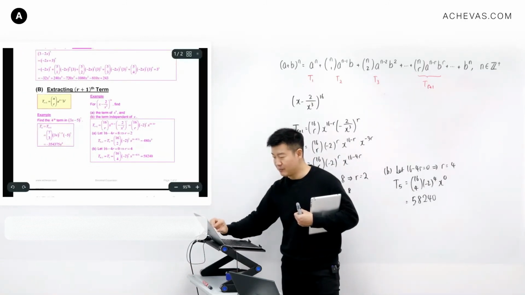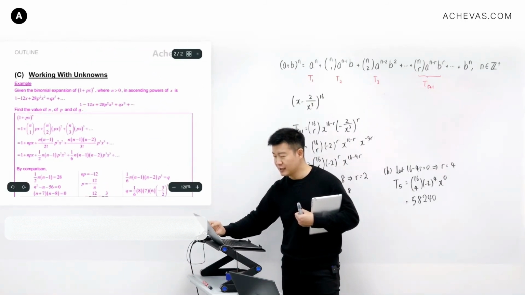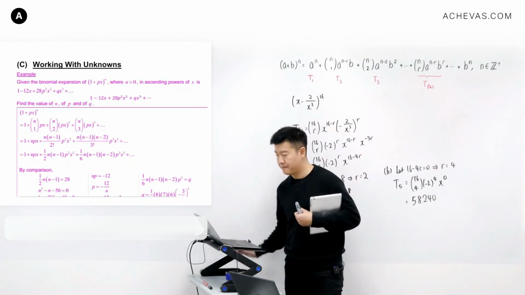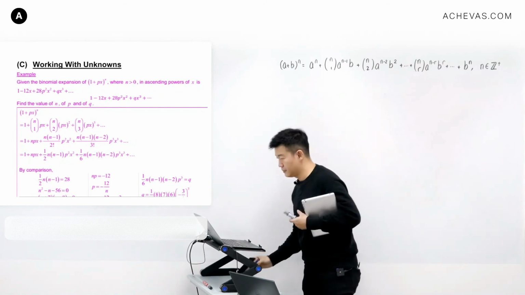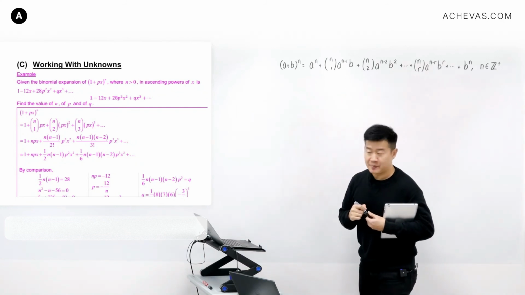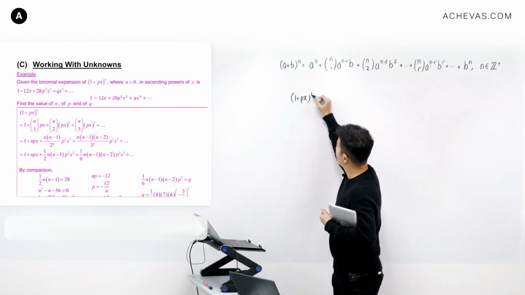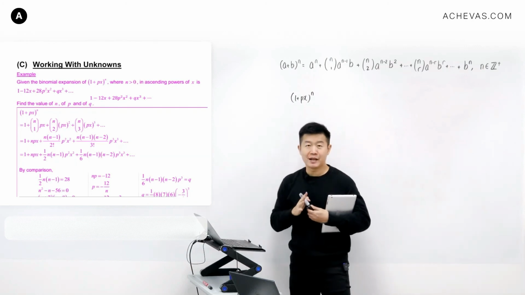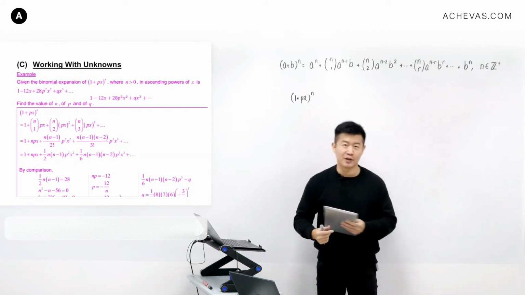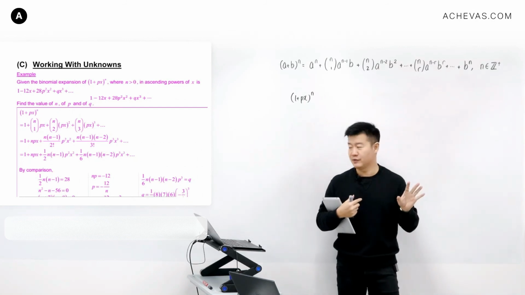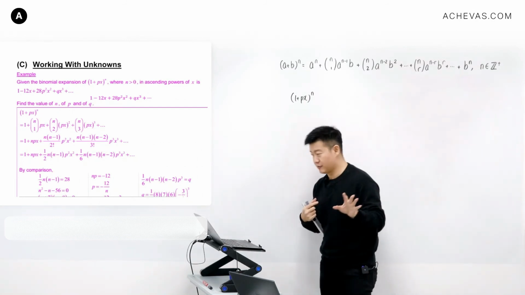Let me show you one more kind of question that you can possibly face in an exam. And this is on the second page of the outline. Let's take a look at this particular question over here. For this binomial expansion, we are looking at (1 plus px) to the power of n, where n is a number bigger than 0, because in order for us to apply this formula, we need to make sure that n is a positive integer. So n is going to be positive.